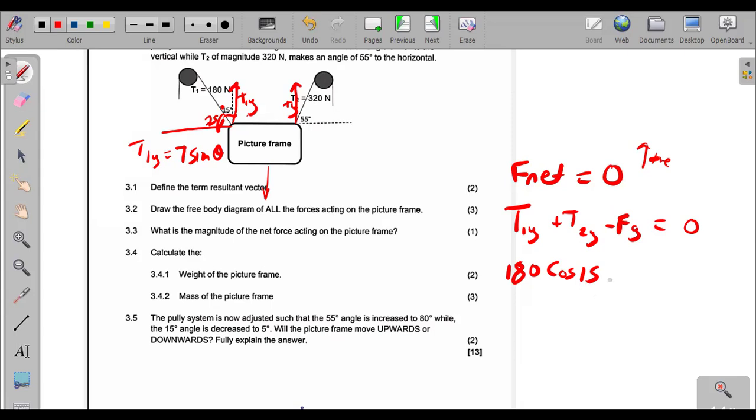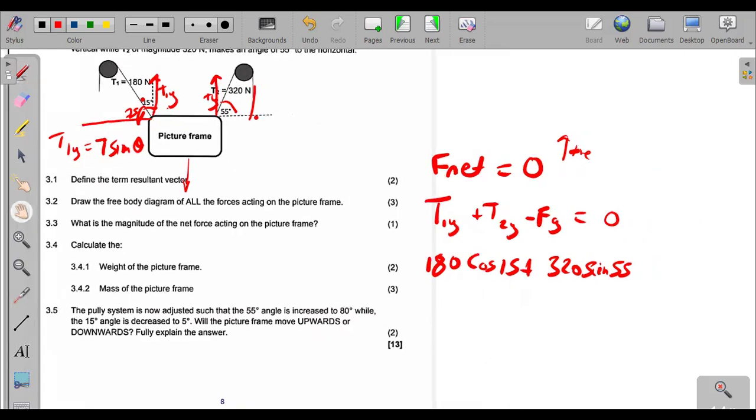So we are saying 180 cos 15, plus, for T2y, I'm opting to use the angle to the horizontal that I've been given. So T2y is equal to T sine theta, which is 320 sine 55, because the 55 degrees given is the angle to the horizontal. So I can say T sine theta when calculating the vertical component. It is equal to the gravitational force, having transposed it to the other side, because it's negative, it becomes positive.